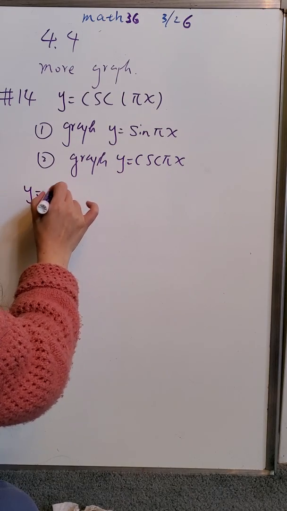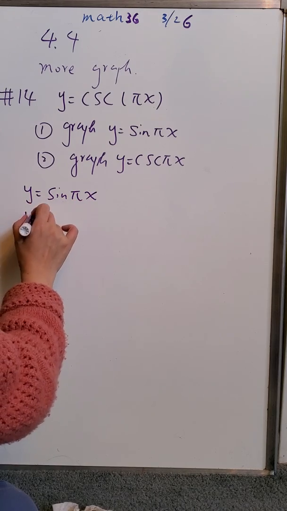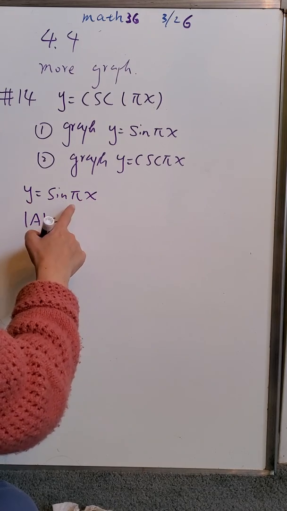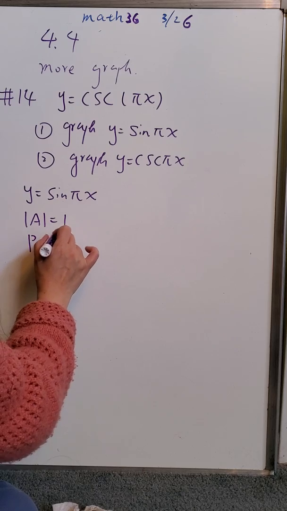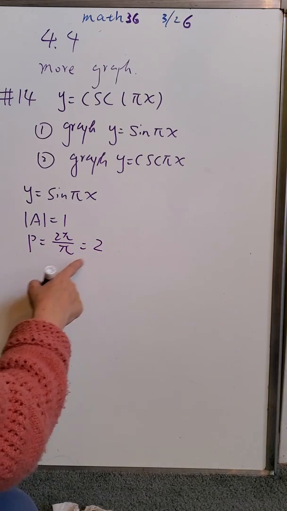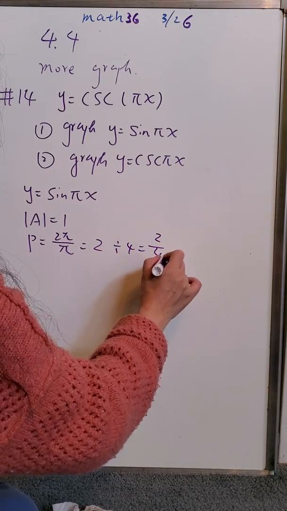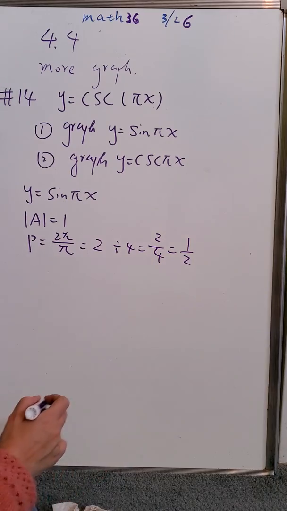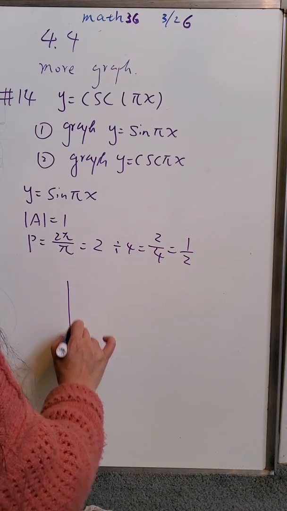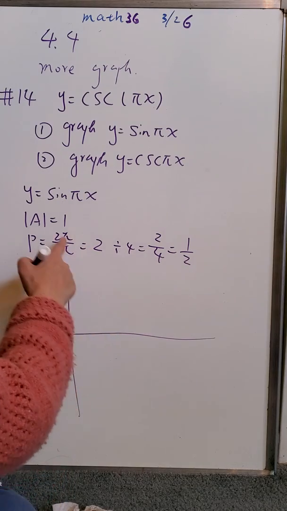For y equals sine pi x, we see the amplitude is equal to 1, and the period is equal to 2 pi over pi, which is equal to 2. And then we divide by 4, so 2 over 4 is equal to 1/2. So now we're going to graph this one.